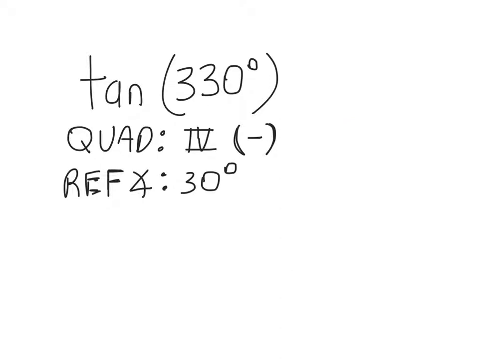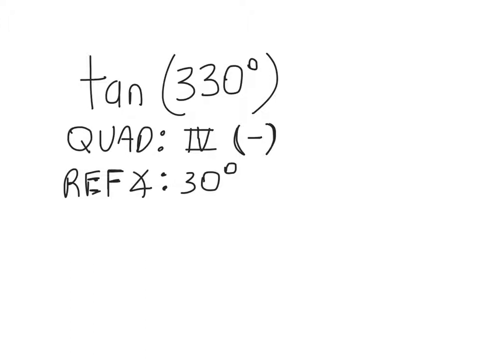Next, let's find the tangent of 330 degrees. 330 degrees is between 270 degrees and 360 degrees, so therefore it lies in the fourth quadrant. In the fourth quadrant, tangent is negative because the x and the y value have opposite signs, and the reference angle is 30 degrees.